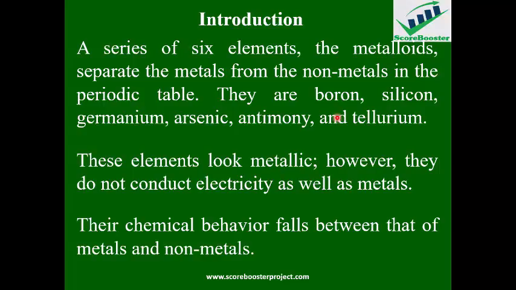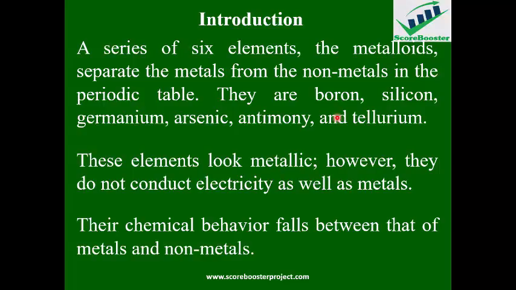Their chemical behavior falls between that of metals and non-metals. They look like metals because they do not form anions, like metals. And again, they have covalent bonds like non-metals.